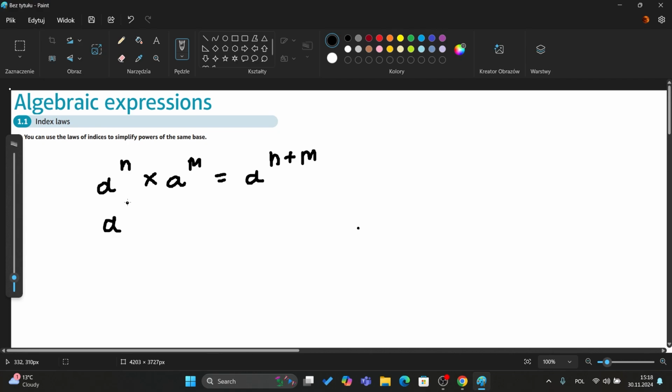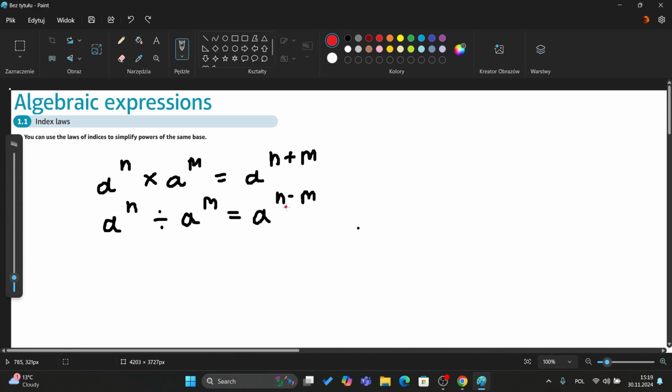So a power n divided by a power m is going to be a to the n minus m, meaning that if you have the same bases, you can subtract the powers because you're dividing the bases.